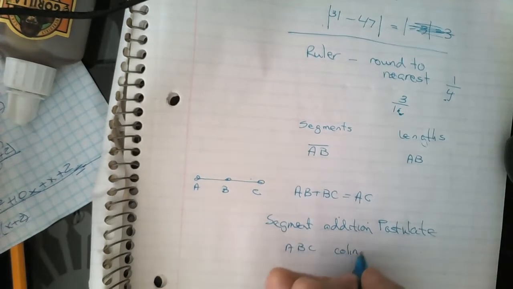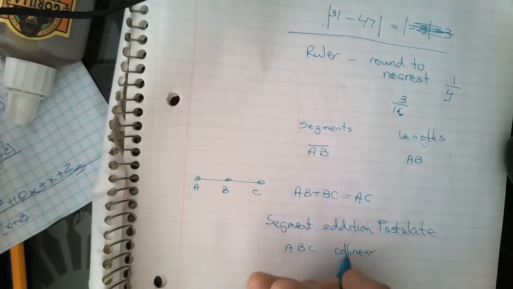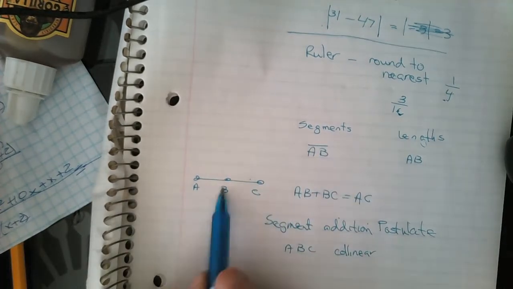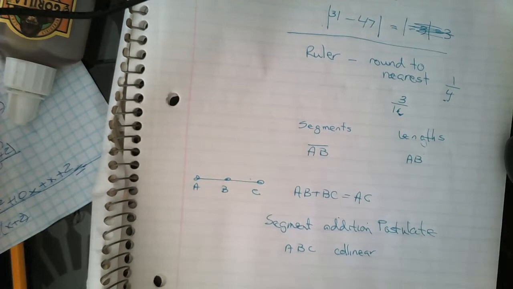Imagine you were trying to tell whether or not 3 points were in a line. So you have A, B, and C, and maybe we don't know, is B here or maybe is B up here? Well, if B was up here, this distance would be longer than AC.